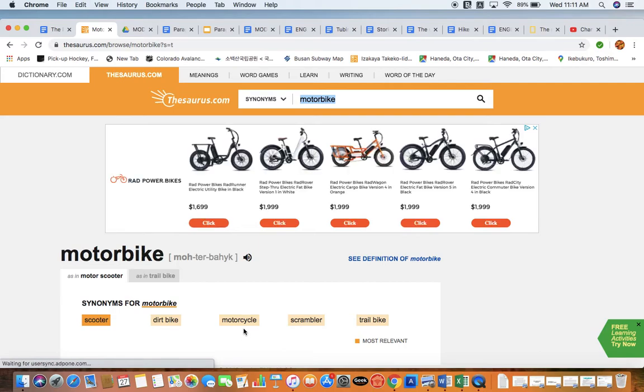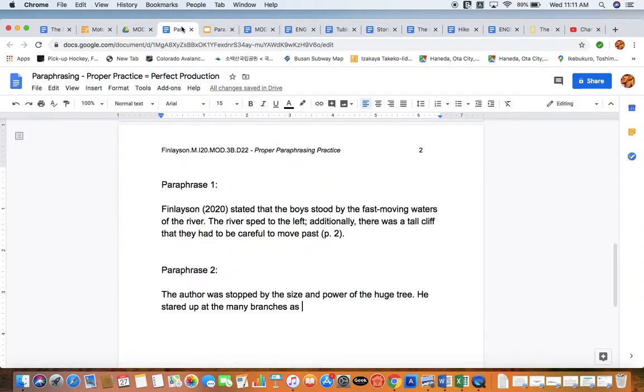So I'm going to say motorcycle here because that's the one that I think is the best synonym. So I've again, as motorcycles roared past him. Good.